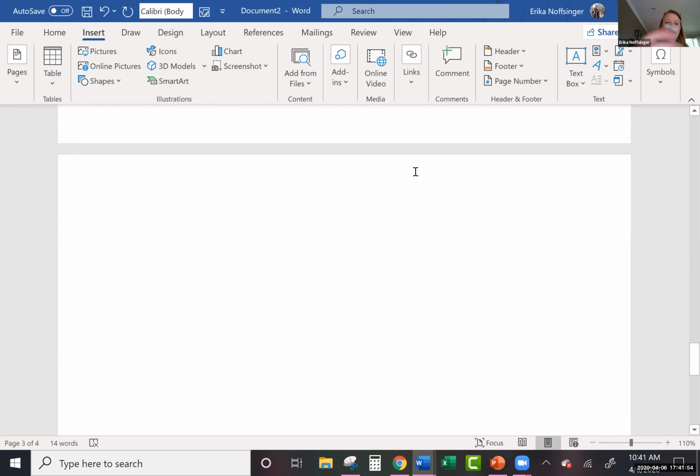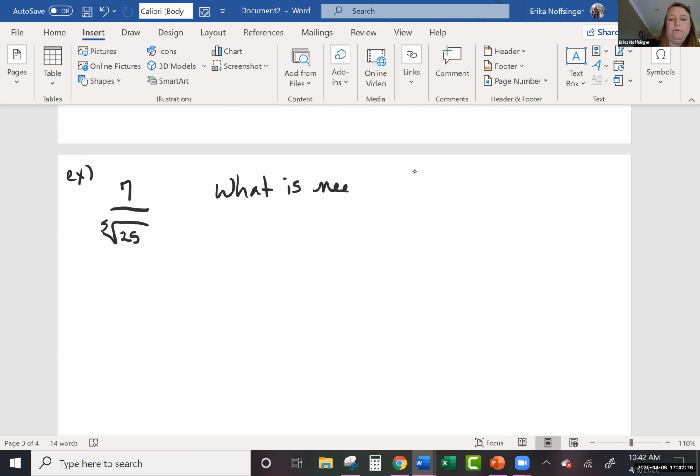So if it was 7 all over the 5th root of 25, and it's just asking what is needed to rationalize the denominator. So it's not asking you to do it, it's just asking you what is needed in order for you to rationalize the denominator.